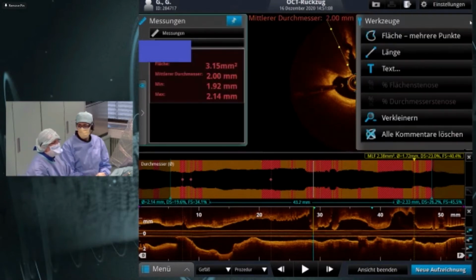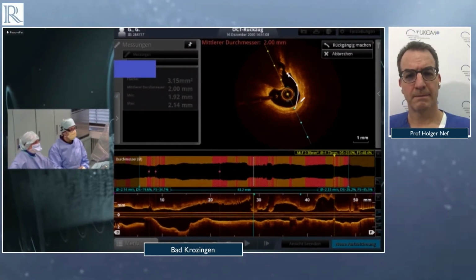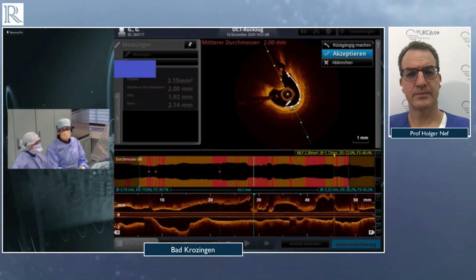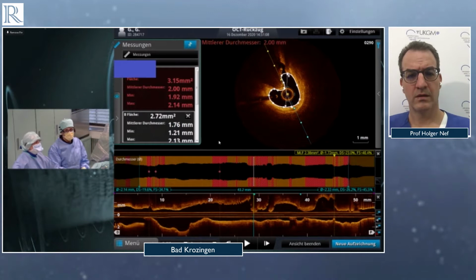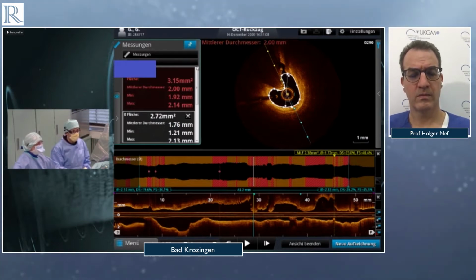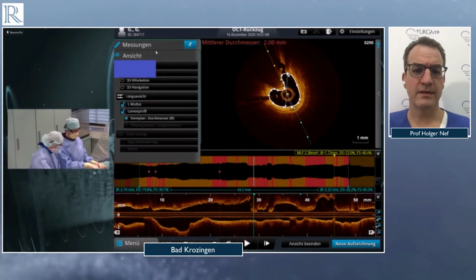I mean, Marek and Holger, we have to say that at the moment we have no clear answer for eccentric plaque modification. But you probably want to say something about your data regarding the sub-analysis of Disrupt CAD 1 and 2, regarding the impact of IVL in eccentric plaque modification, and Holger, maybe you might want to comment on that.